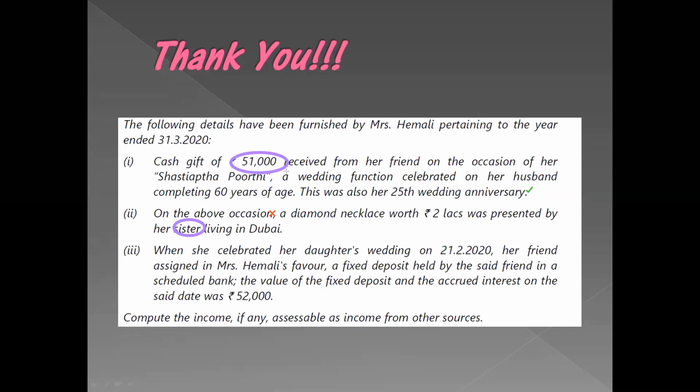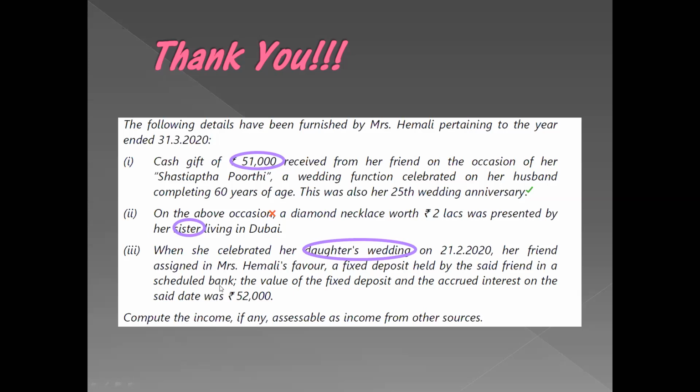Plus, the amount here is above 50,000, only then it is taxable. The final point is that when she celebrated her daughter's wedding, only on the individual's own wedding is it exempted, not on their son's or daughter's wedding. So we'll have to check that condition also.